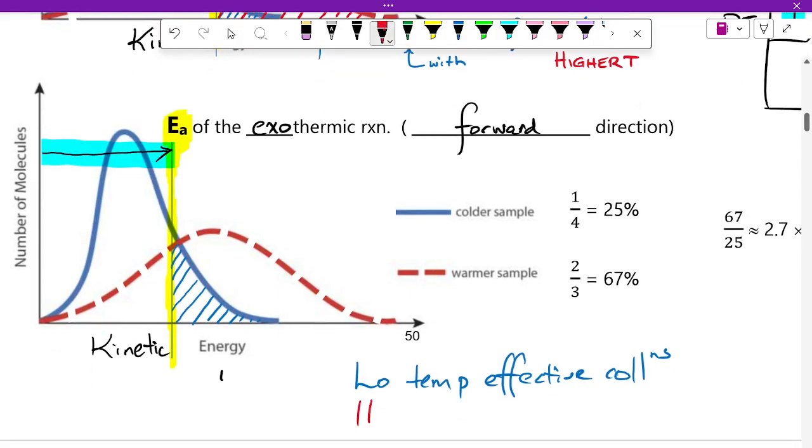Our high temperature effective collisions, where do we shade? Underneath the red one.